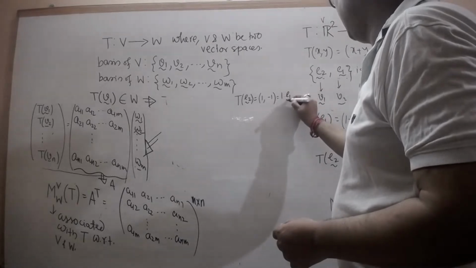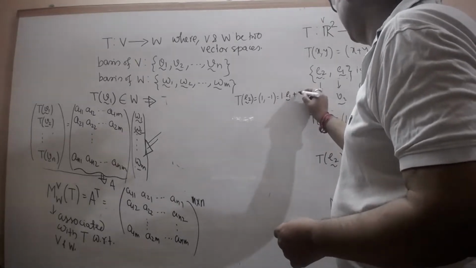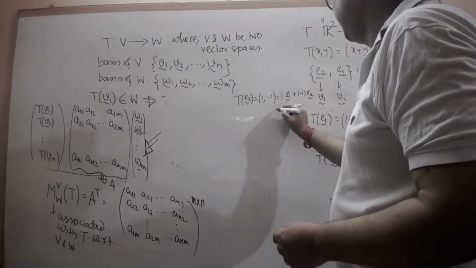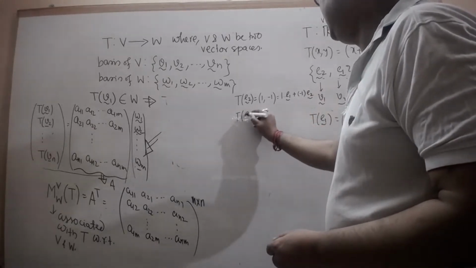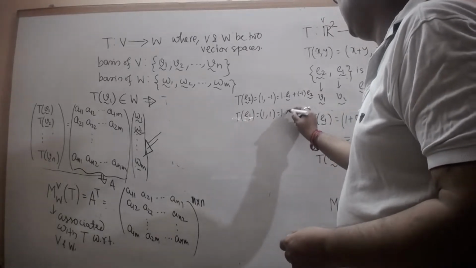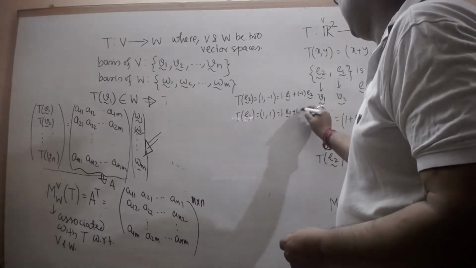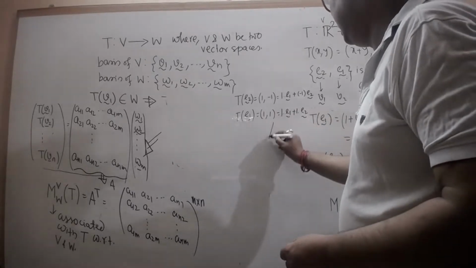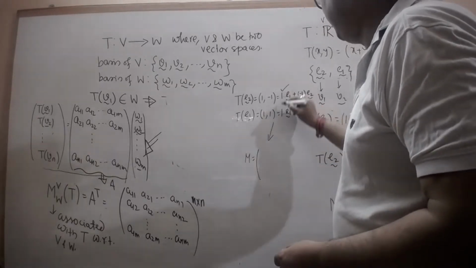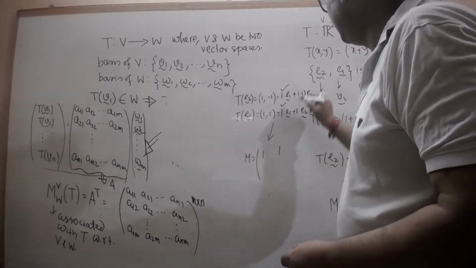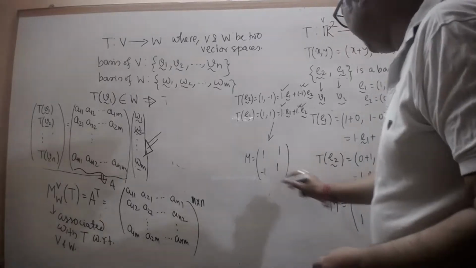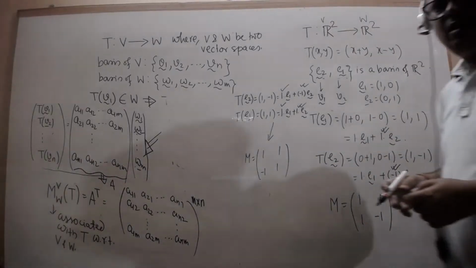So this is 1 e1 minus 1 e2, and T(e1) is 1 e1 plus 1 e2. So here the associated matrix M has first row 1 1 and second row minus 1 1. Now you see that these two M are not the same.